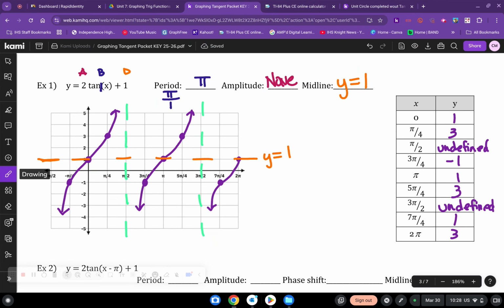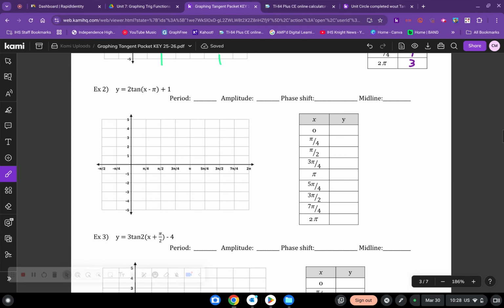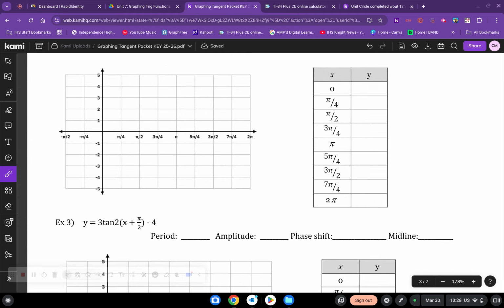Okay, there's several here for you to practice on. Go down to example 3. It's important to make a change here on example 3. That denominator is not going to work with the scale and the graph that we have. So on example 3, if you would change that denominator from 2 to 4. So pi over 4.